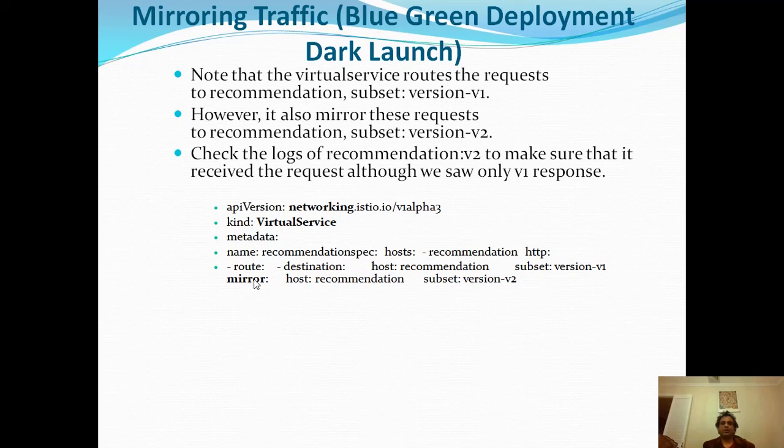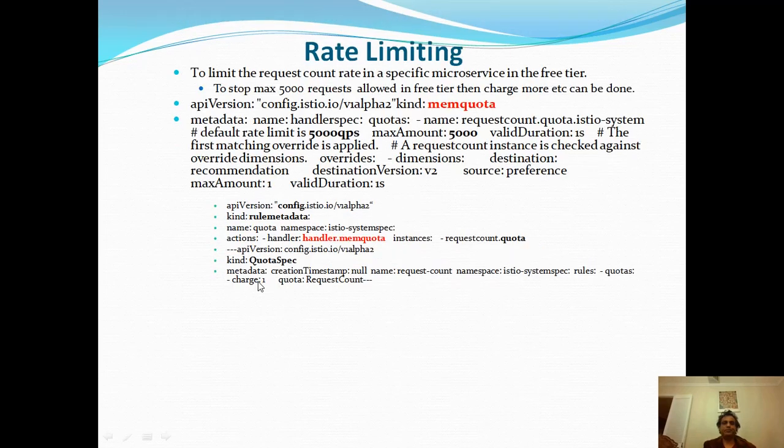So the difference between canary and blue-green is, in canary, you distribute the load across different versions and the end user will see that. But in blue-green, behind this dark launch, the newer version is tested without the end user knowing. Once that is confirmed, then you change to the green deployment, and you do that using the mirror tag.